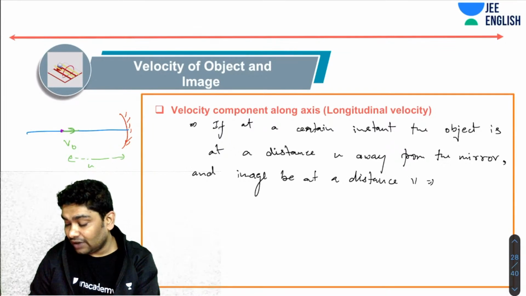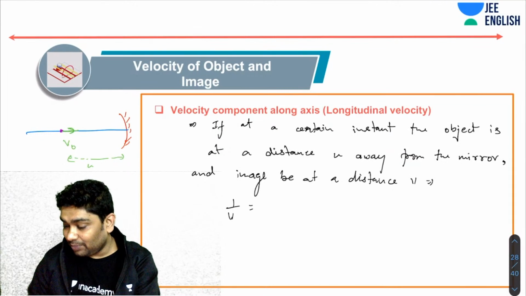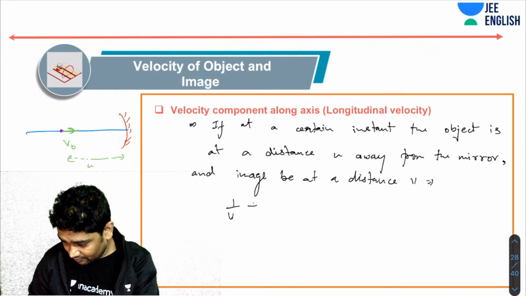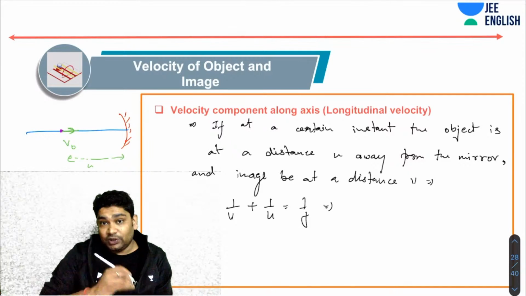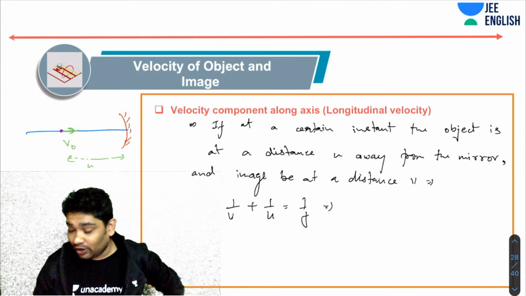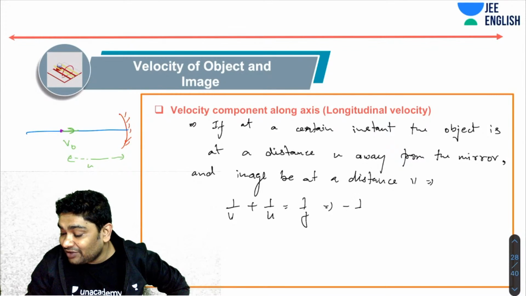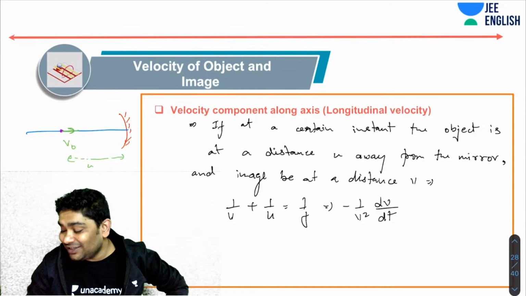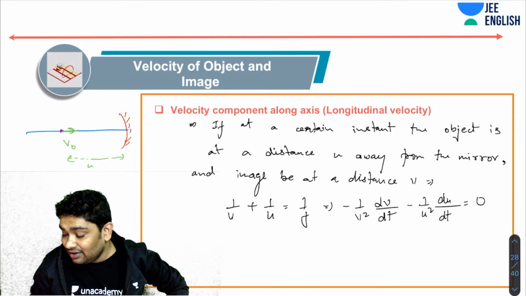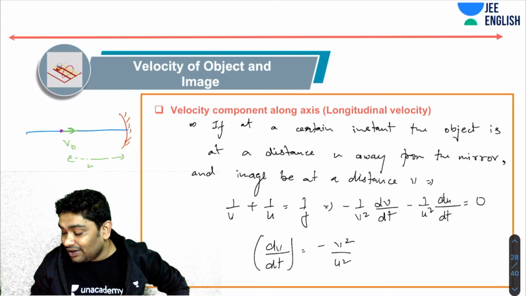Then you know that 1 by v plus 1 by u equals 1 over f. If I differentiate this expression on both sides with respect to time, I get minus 1 by v square dv over dt minus 1 by u square du over dt equals 0. So dv over dt, which is the velocity of the image, is equal to minus v square over u square times du over dt.